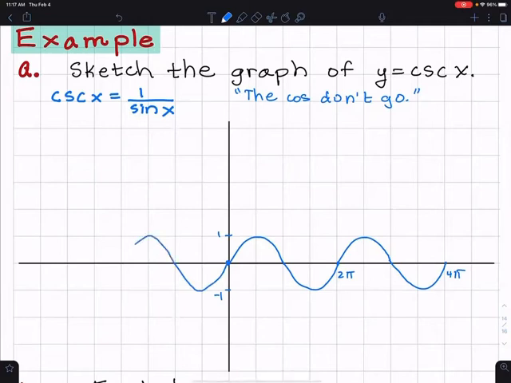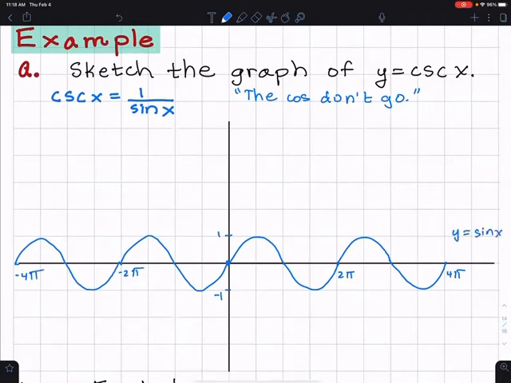Now, as I said, we are going to see vertical asymptotes of cosecant x when sine x is equal to 0. Now, when is sine x equal to 0 on this graph? This is y equals sine x.